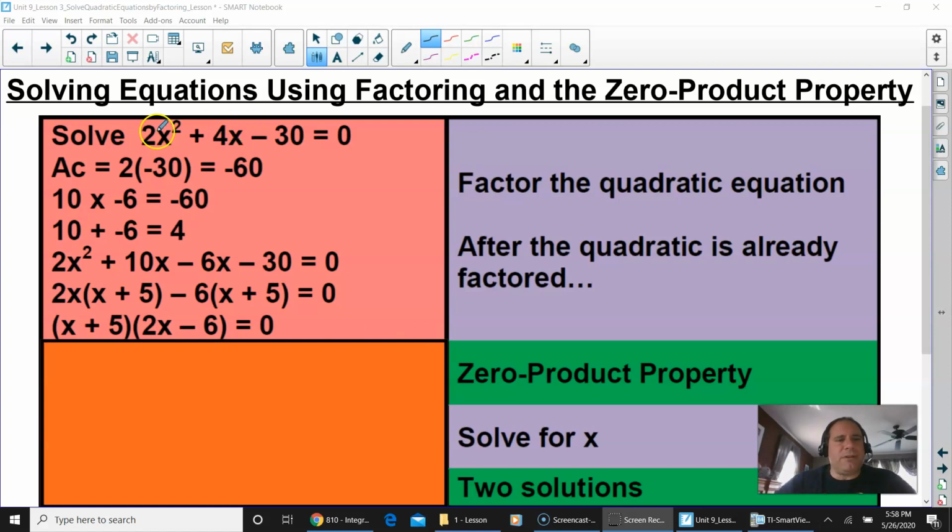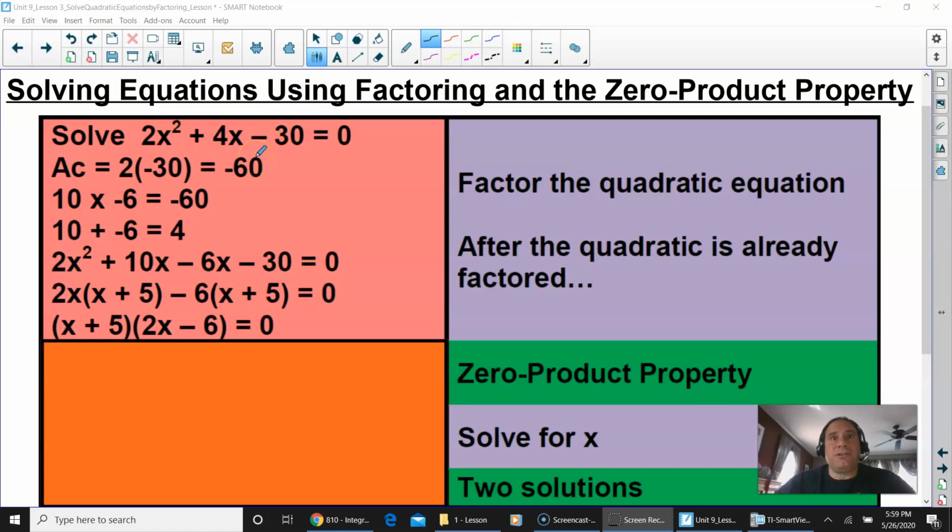You start out with the problem 2x squared plus 4x minus 30. Remember, factor by grouping. Right now you're just multiplying the a times the c, which is 2 times negative 30, and you get negative 60.